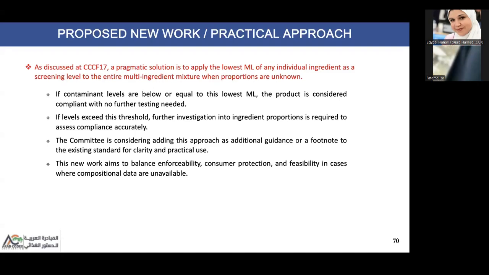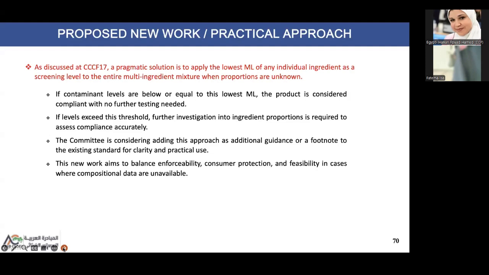The proposed new work practical approach, as discussed at CCF17, a pragmatic solution is to apply the lowest ML of an individual ingredient as a screening level to the entire multi-ingredient mixture when proportions are known. If contaminant levels are below or equal to this threshold, it is compliant without more testing.